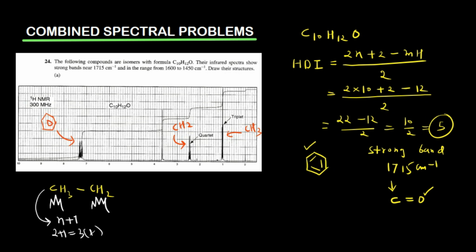And then you are left with this one only. If you count the total number of carbon atoms, 6, 7, 8, but you have 10 there, so 6, 7, 8, 9. So you are left with 1 only.